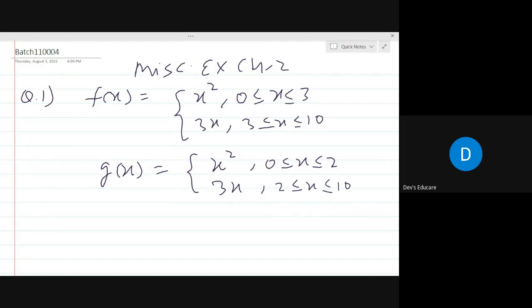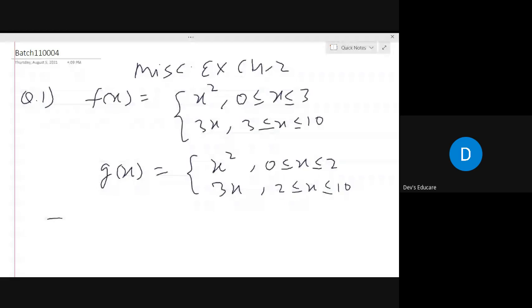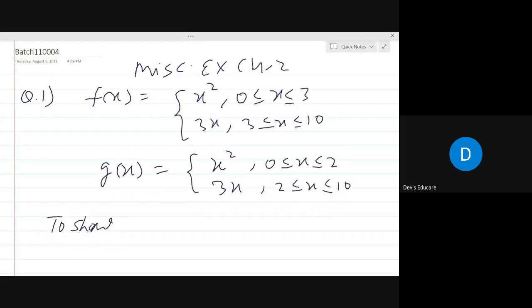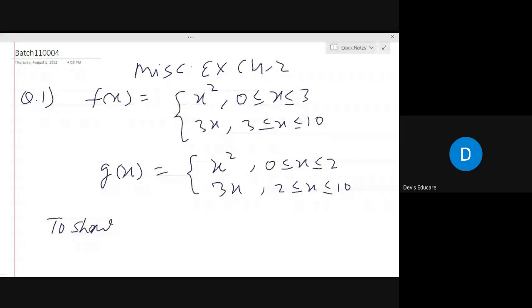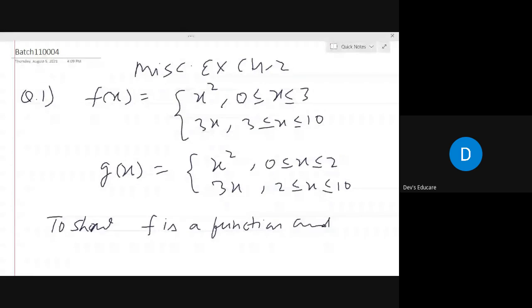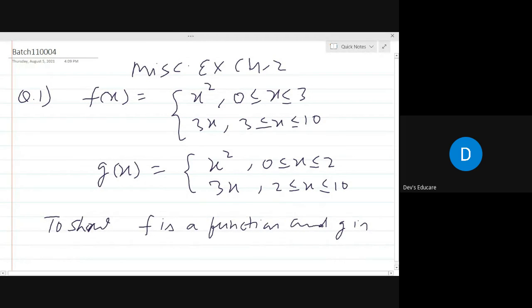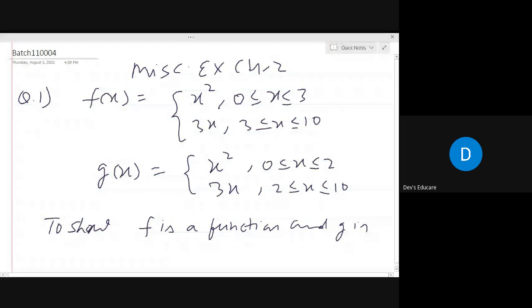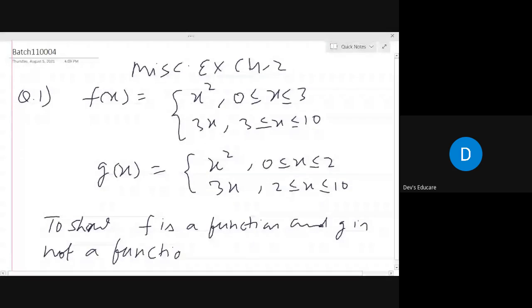Now we have to show that f is a function and g is not a function. That we have to prove.